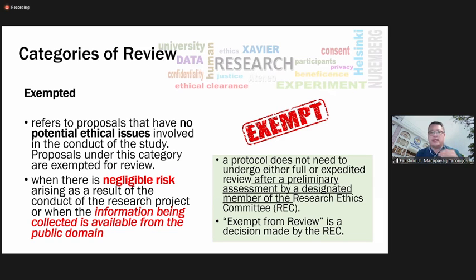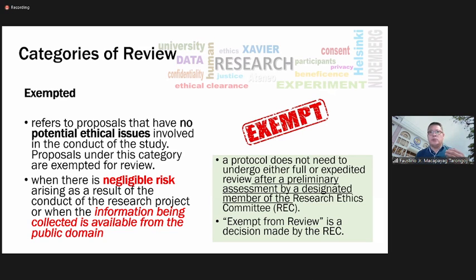If we look at the meter here of what we mean by no potential ethical issues, every research has its own level of risks, but protocols exempted from review are assessed as exempted because it is found that there is no to negligible risk arising from the conduct.